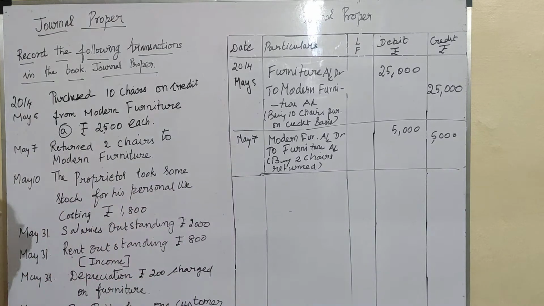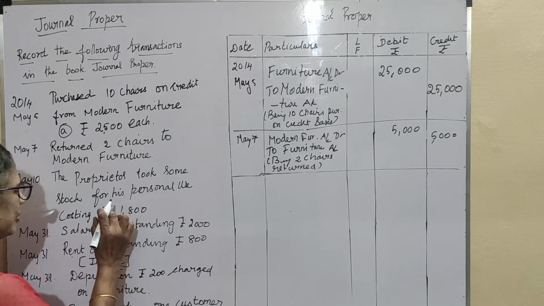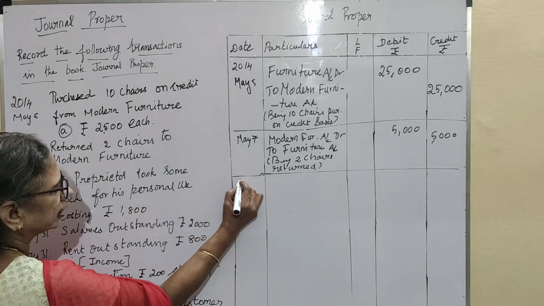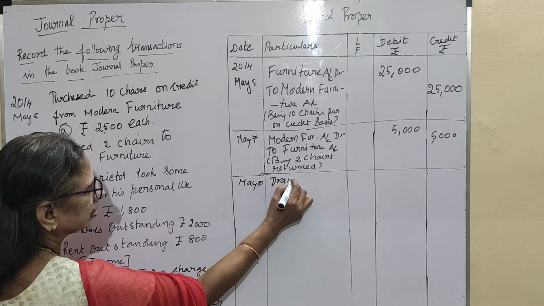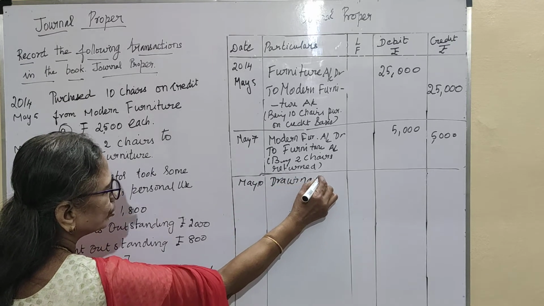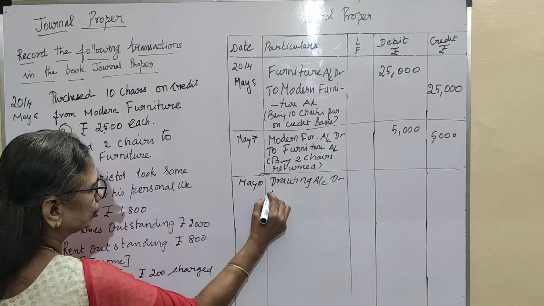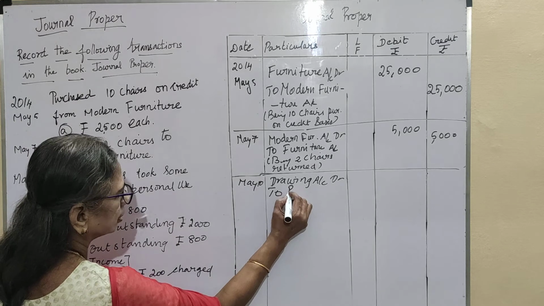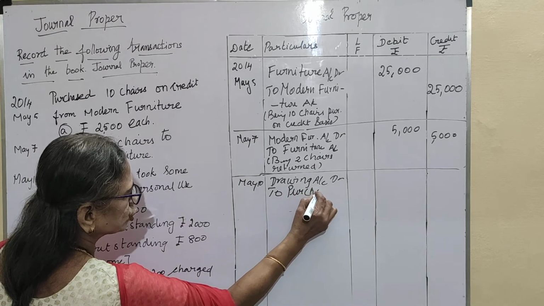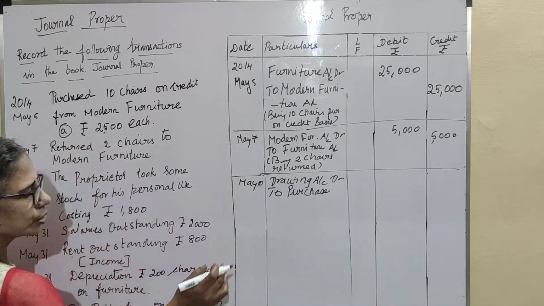Next comes May 10th. The proprietor took some of the stock for his personal use. Personal use means drawing account. May 10th. Drawing account is debited to purchases account. Purchases means stock. Stock is always an asset.